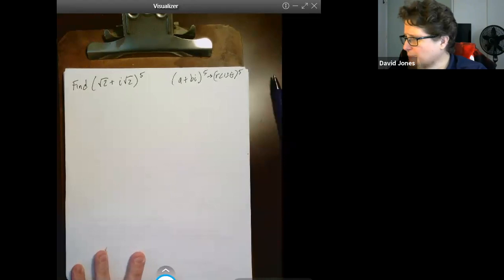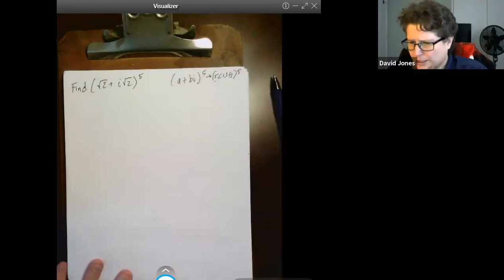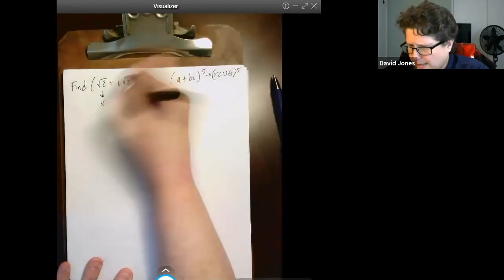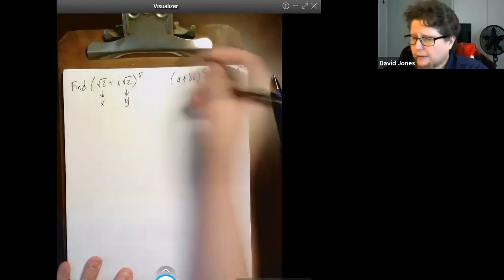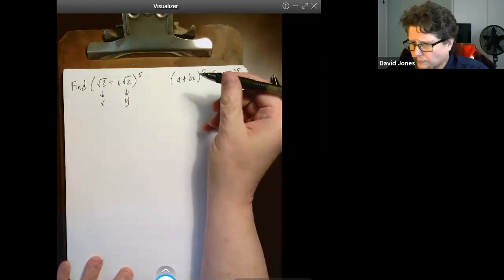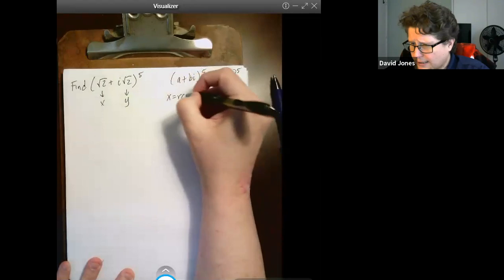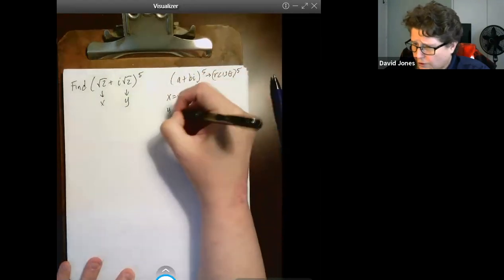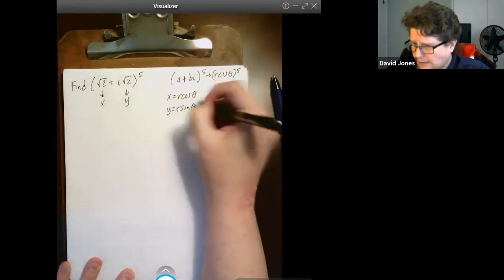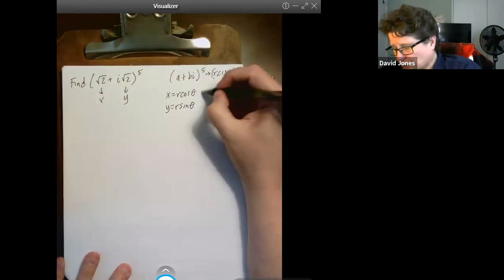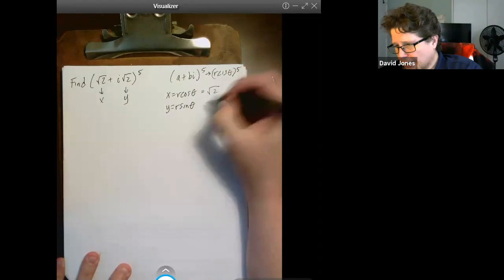So this takes us back to 8.5. This is like my x. This is like my y. And we had x equals r cosine theta, y equals r sine theta. Which is root 2 and root 2.